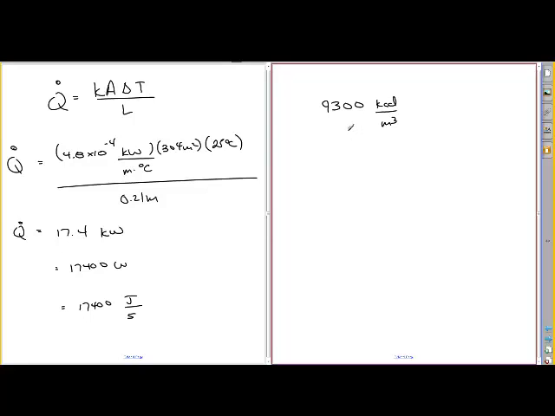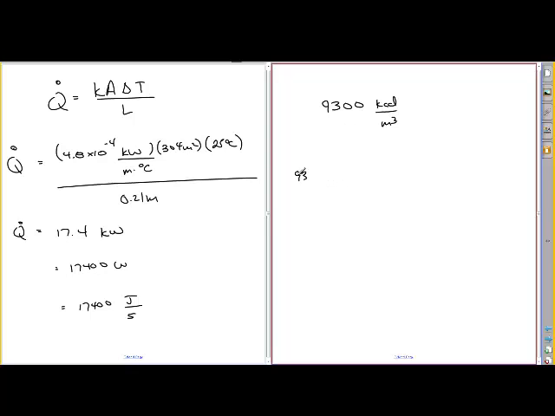So first we need to convert this kilocalories to joules. So let's see if I can find that in there. I have to look. 1 calorie equals 4.86 joules. See if there's anything else. 254 calories equals 1.054 times 10 to the third joules.